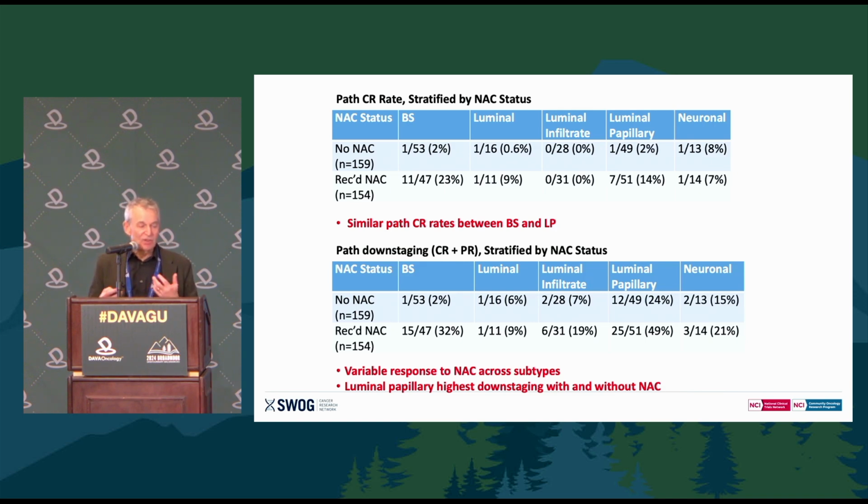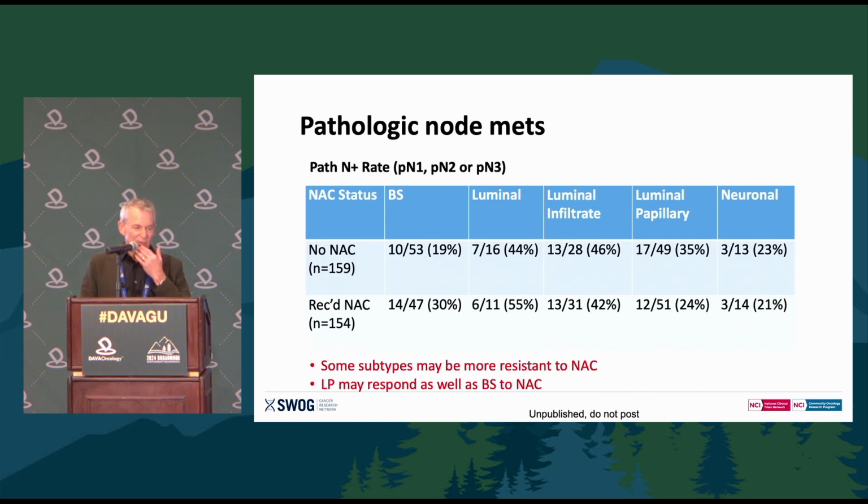And what you see is kind of what we've heard before and described before is variable response rates to neoadjuvant chemotherapy across subtypes, with luminal papillary having the highest downstaging. And so a hypothesis would be not to withhold neoadjuvant chemotherapy from this better risk patient population.